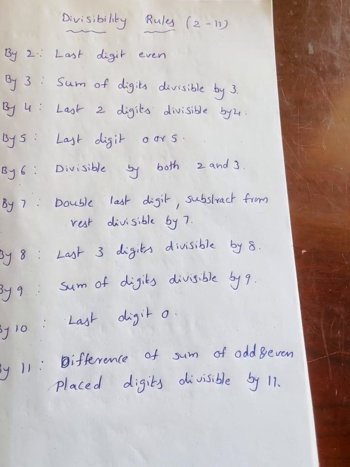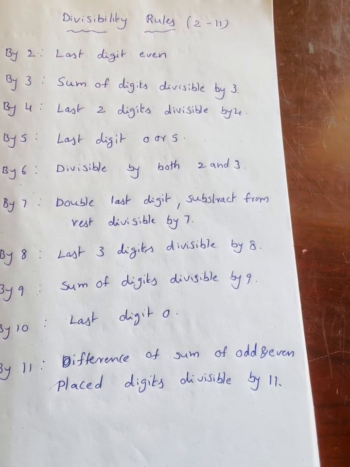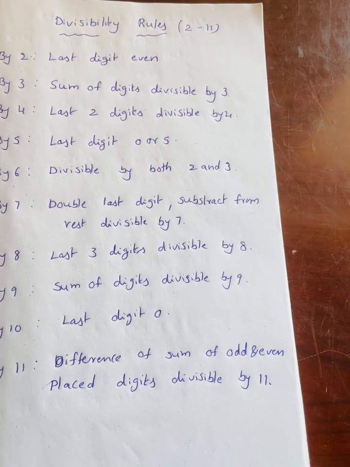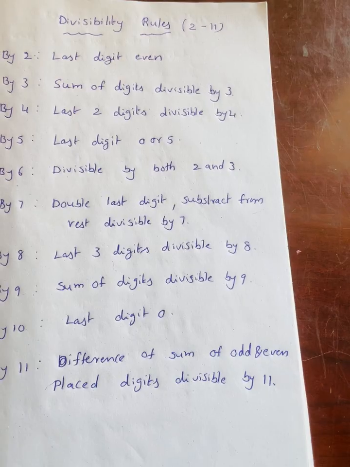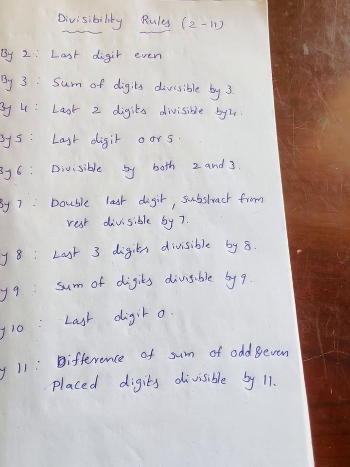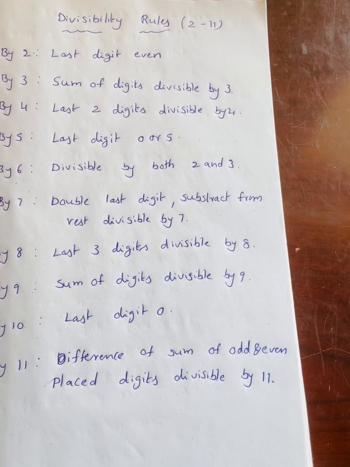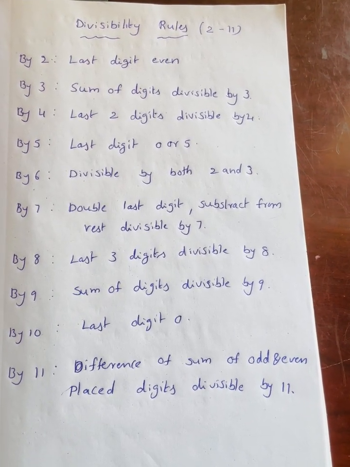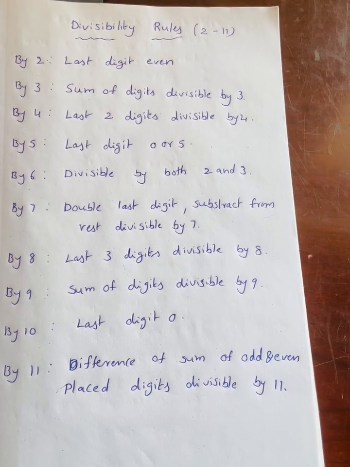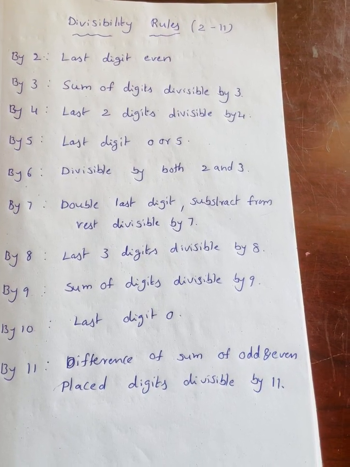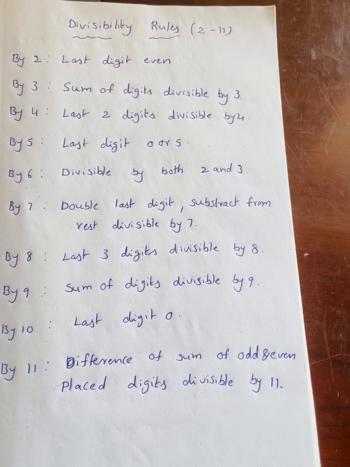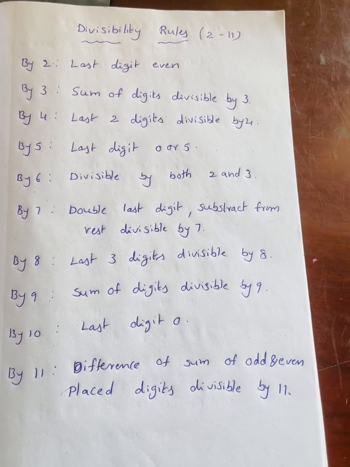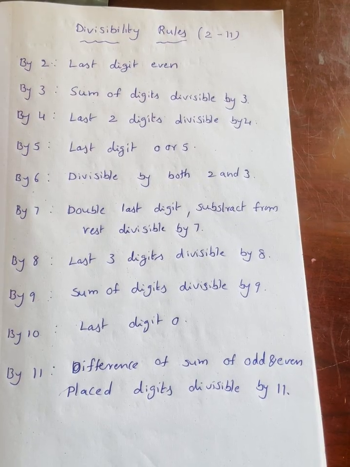10,546. In this number, the odd-placed digits are 5, 1, 6 and the even-placed digits are 0, 4. So the sum of the odd-placed and the even-placed digits is also divisible by 11.